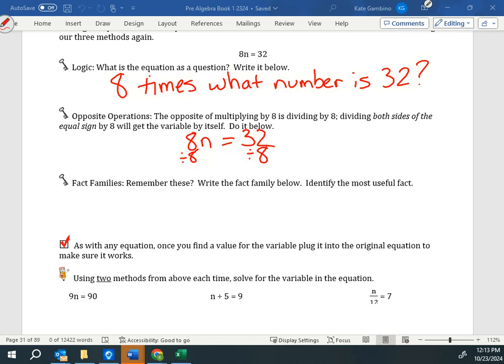And then we get to the spring and they really struggle because they're no longer setting up their stuff the way I showed them, and so they're getting confused and making mistakes. So when we do order of operations, we do it like this. When we do opposite operations, we do it like this.